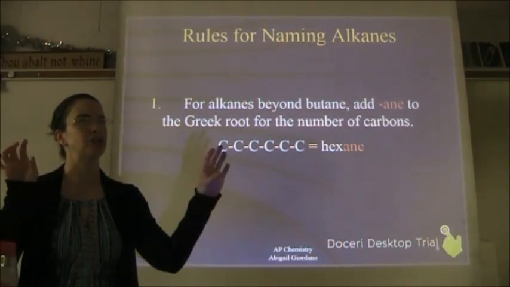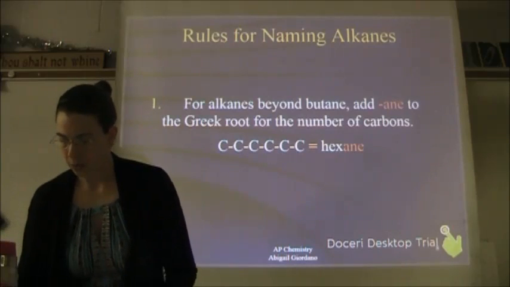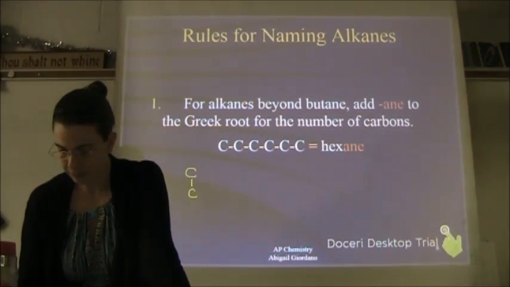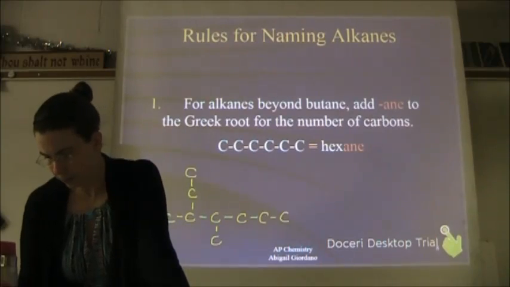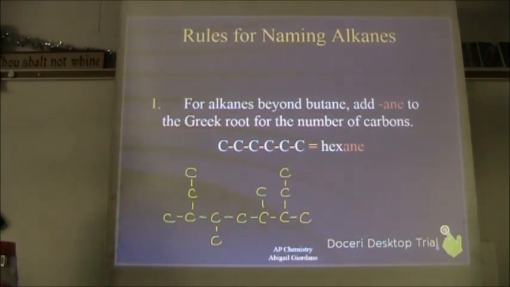That's an easy one, but sometimes finding that longest chain isn't always so obvious. Sometimes the longest chain isn't in a straight line. For example, what if I draw something like this? Your job is to find the longest consecutive chain of carbons.